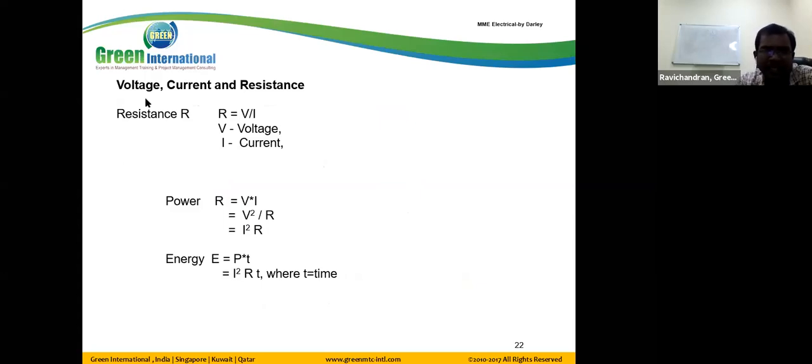Power P is equal to V into I, or V square by R, or I square R formula, and energy is power into time. So we are familiar with these formulas, and we need to substitute them whenever we need.